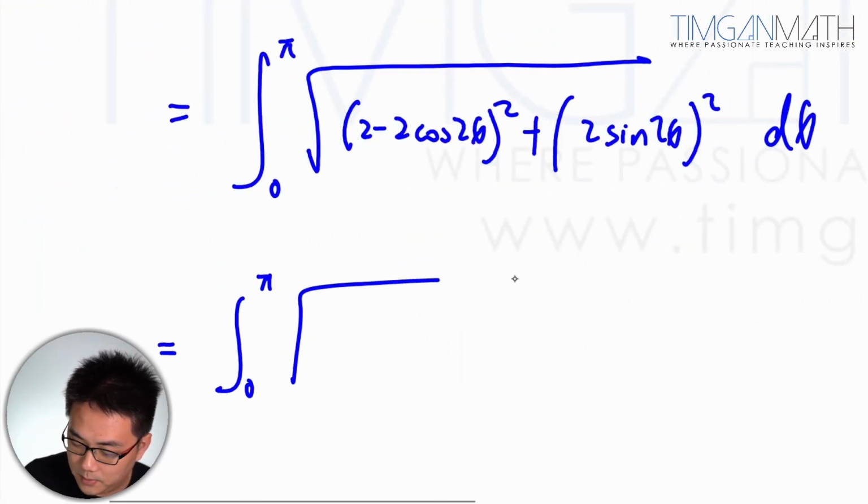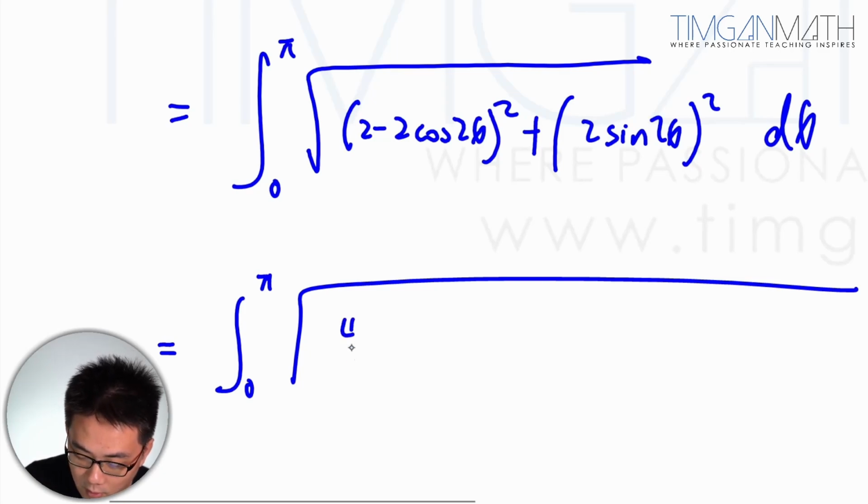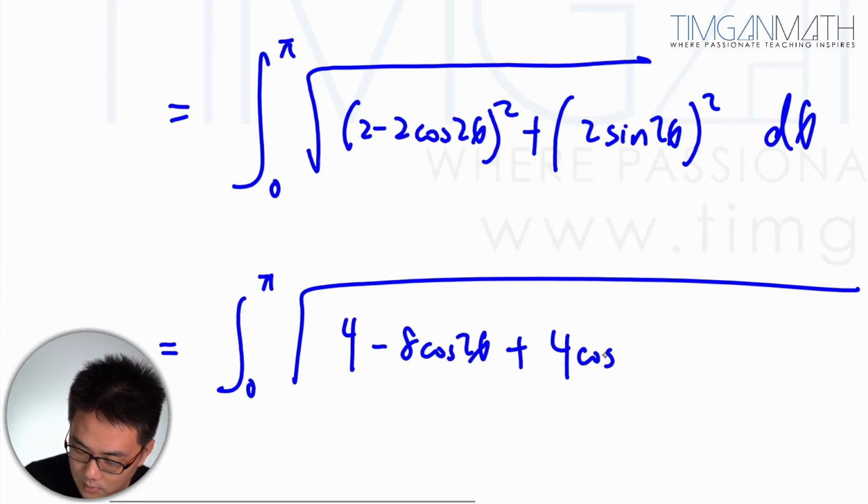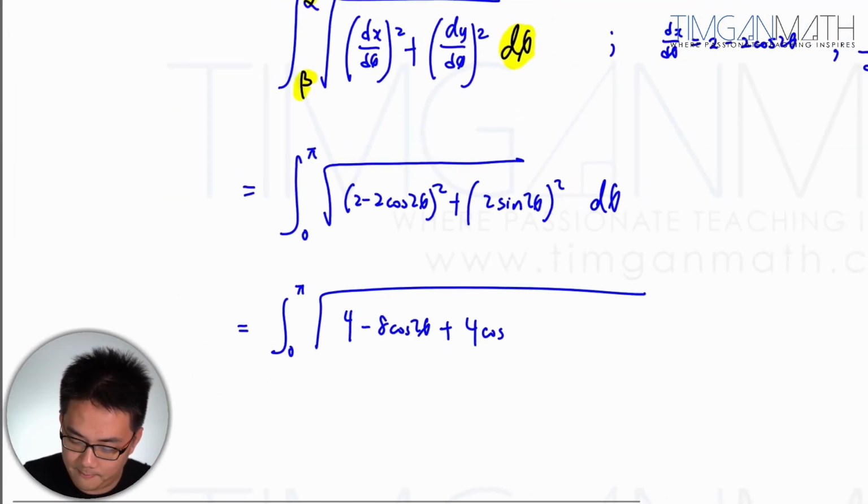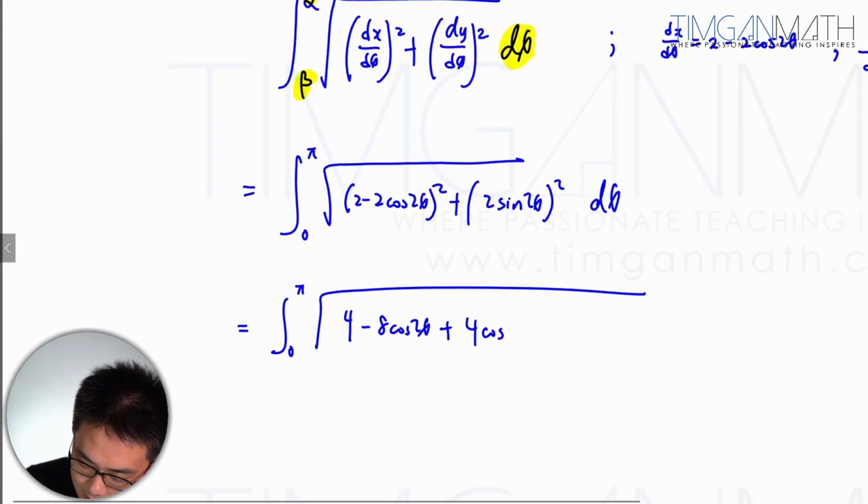So expanding this will be 4 minus 8 cosine 2 theta plus 4 cosine square 2 theta plus 4 sine square 2 theta.